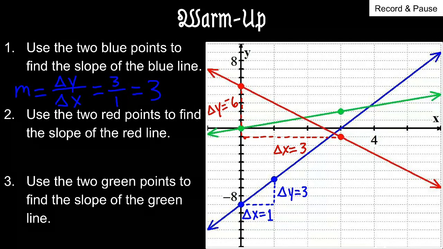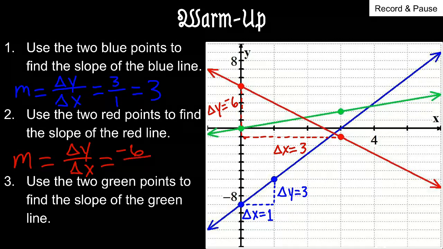So again, our slope m will always equal delta y over delta x. So that's change in y over change in x, negative 6 over positive 3, which equals, well, negative 6 divided by a positive 3 is a negative 2. So our slope is negative 2.